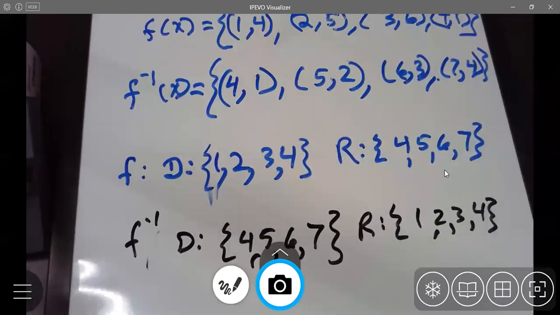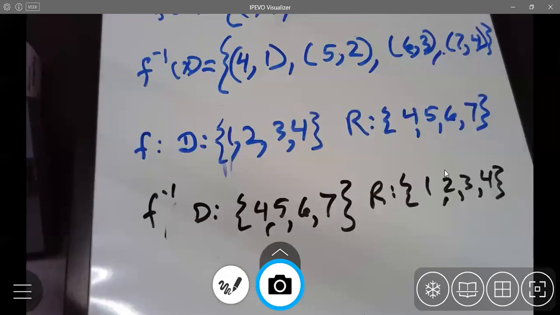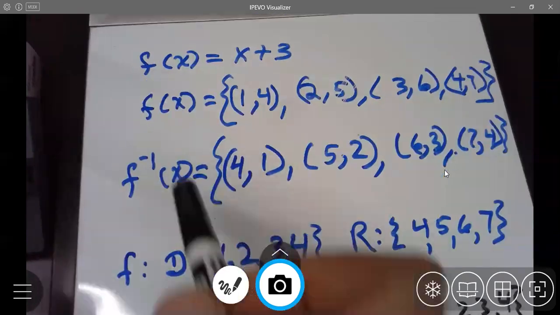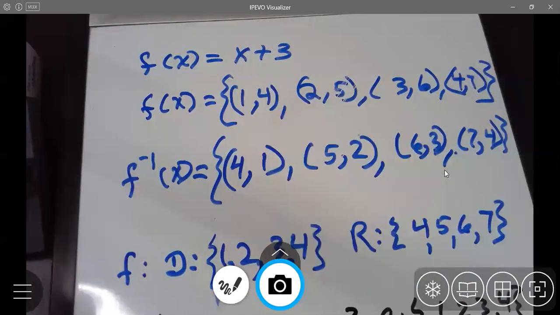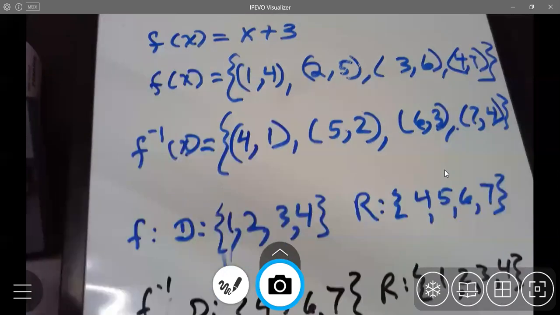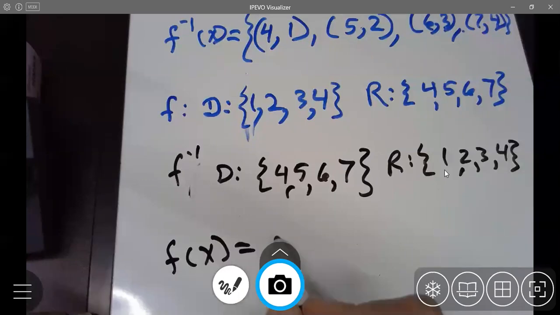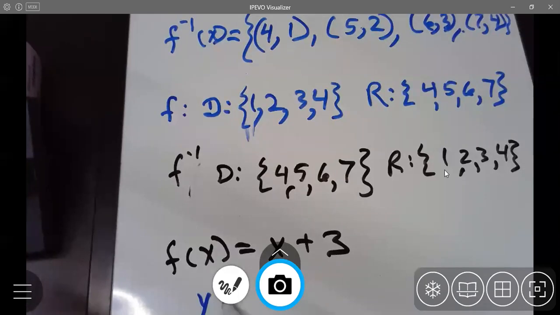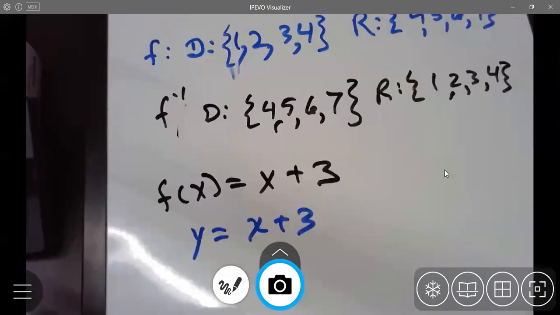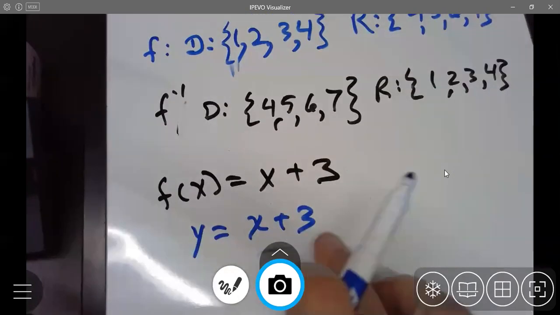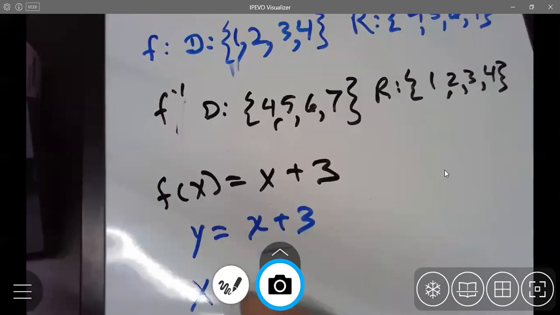Okay, so let's take a look at our steps. If we wanted to find the inverse to this function, I'm just rewriting this, f of x equals x plus 3. We substitute f of x with y, so y equals x plus 3. And then we switch x and y. So what is y is now x, and what is x is now y.